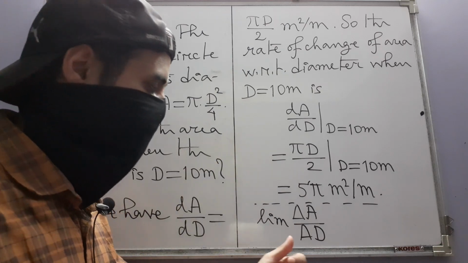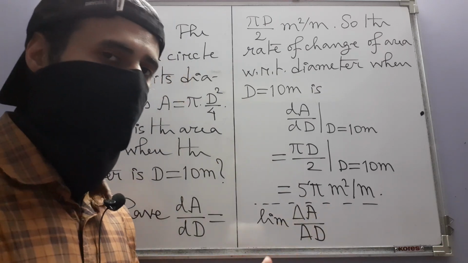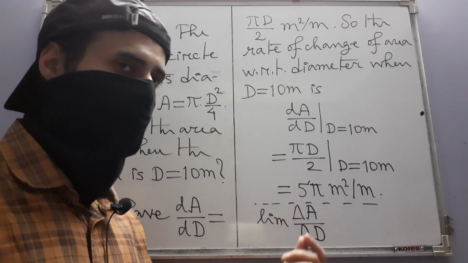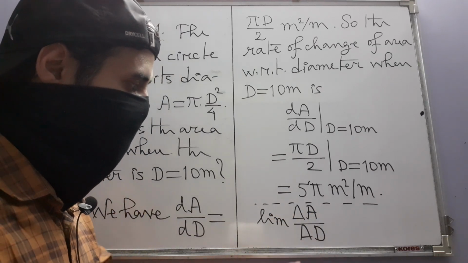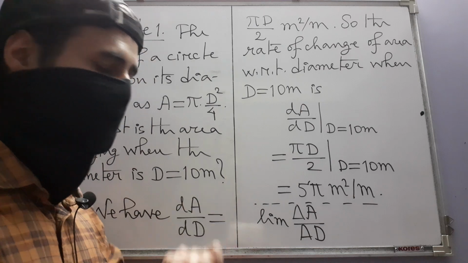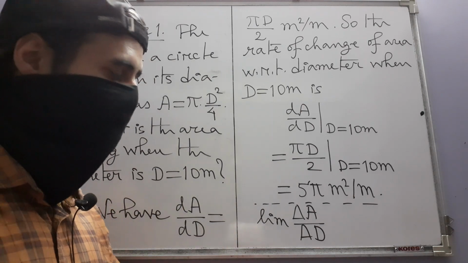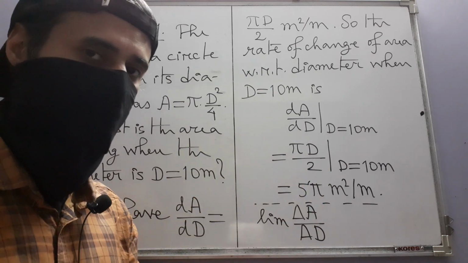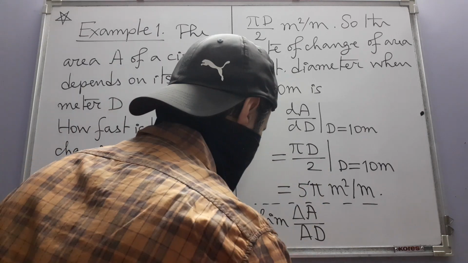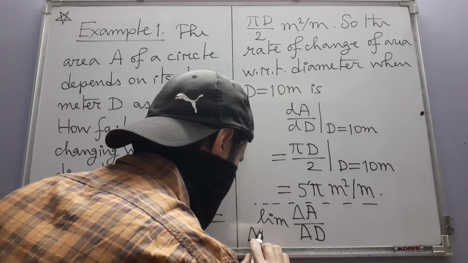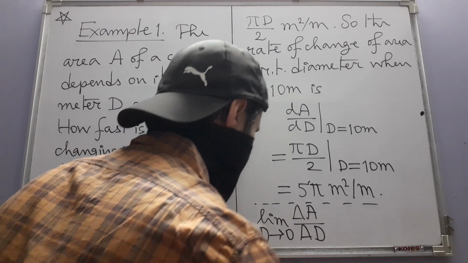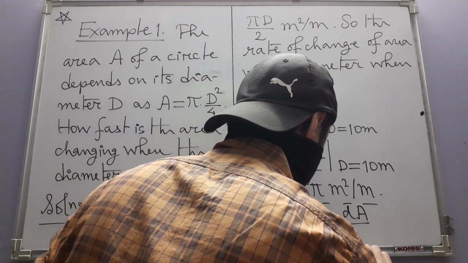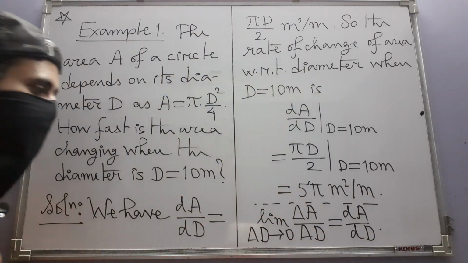It is that difference. And the corresponding difference, if D changes, A will also change, and so there will be a difference of the corresponding A values as well. That is delta A. And delta A divided by delta D is your average rate of change of area with respect to diameter for that change of diameter. And the limit of this ratio as delta D approaches 0 is of course by definition our derivative of A with respect to D.